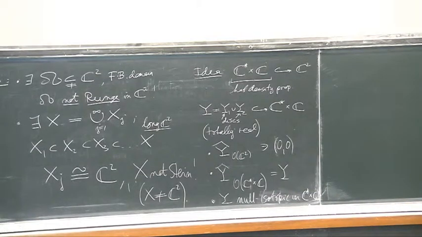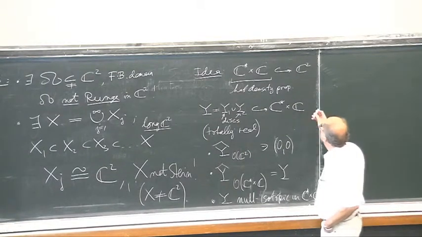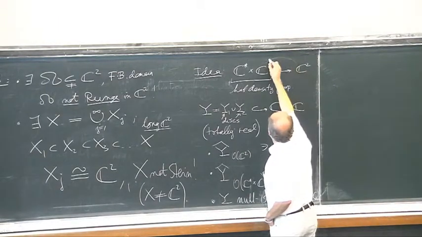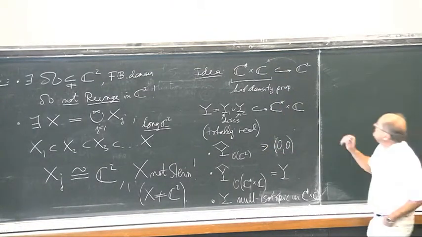Okay, so let's say that we have such a thing. This is the key point of the proof. But once you have such a thing, then you simply do the following. First, you take some map here from C2 to the subset, which is a Fatou-Bieberbach map.